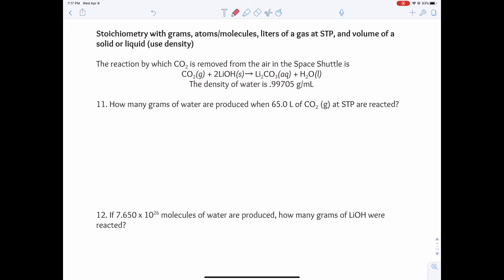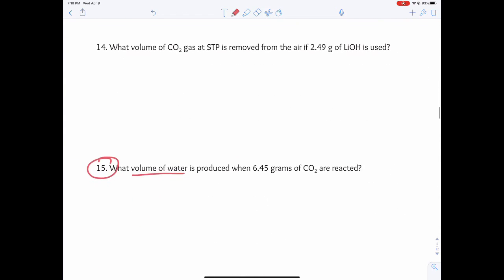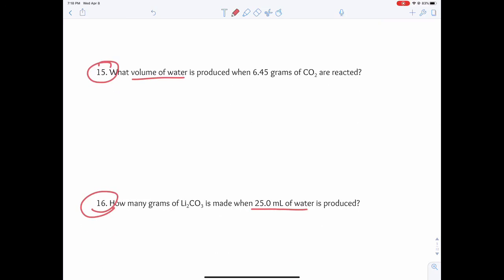It's using all that stuff from chapter 12 that we learned, like 1 mole is equal to 22.414 liters of a gas at STP, and using 1 mole is equal to 6.022 times 10 to the 23rd atoms, molecules, or formula units. So if you wanted to kill 2 birds with 1 stone, you could try 11, 12, 13, 14, but only numbers 15 and 16 will directly match up with the practice problems that we tried.